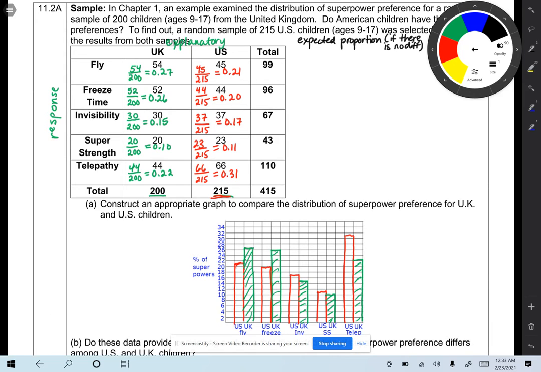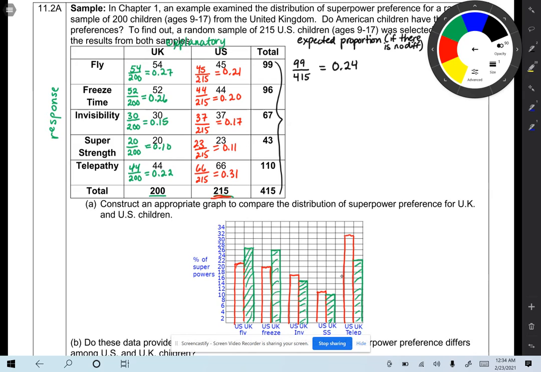So what you do is you take these values right here and you would do 99 divided by 415. So you're taking that entire row of flying for both UK and US divided by 415, and that'll give us 0.24. So these are our expected proportions if there's no difference.